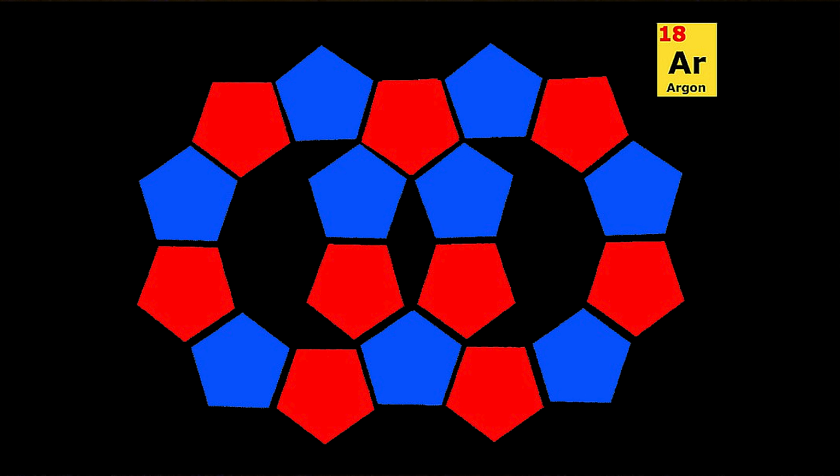And just like with the helium atom, now you have 9 of each color, and they're each part of an individual pentagon. It all just seems to fit. It seems like everybody would be happy here. And it's filled out a second kind of level of structure.